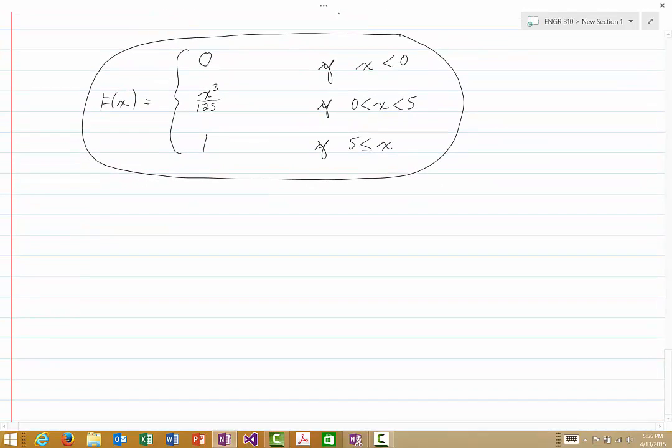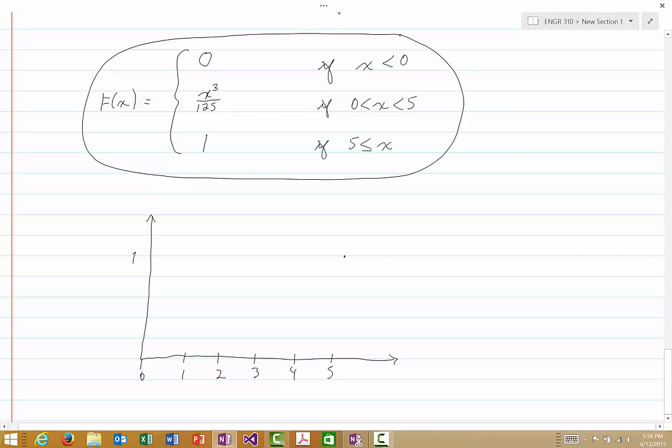We can see that. You could plot this function, and this function is so easy to plot. Let me just real quickly note. Okay, so we'd have 0, 1, 2, 3, 4, and 5.